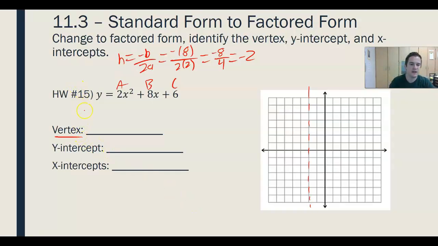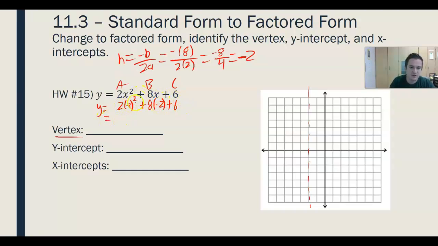Okay, now in order to find the y-coordinate of the vertex, I need to plug in negative 2 for x. Because when x is negative 2, the y-coordinate that I get will be my y-coordinate of the vertex. I'm going to plug in negative 2 here, negative 2 here.